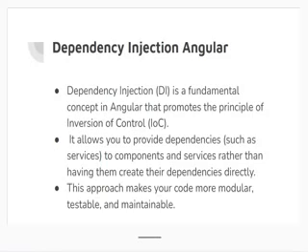So next we have again dependency injection. To explain it more, dependency injection is a fundamental concept. It's a design pattern that promotes the principle of inversion of control. It allows you to provide a dependency such as services to the components and services rather than having to create their dependency directly. So you don't create an object inside the class, but you provide the dependency through the constructor of the component or service that is going to use this service.